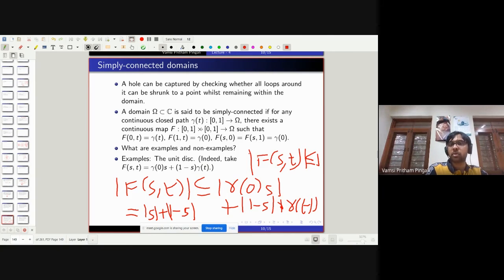And in fact, s is between 0 and 1, so this is s plus 1 minus s. This is 1. So this is indeed within this domain. So the unit disk is an example of a simply connected domain. It does not have any holes. Indeed, if the unit disk was not an example of a simply connected domain, the fault is not with the unit disk, the fault is with us for making a stupid definition.